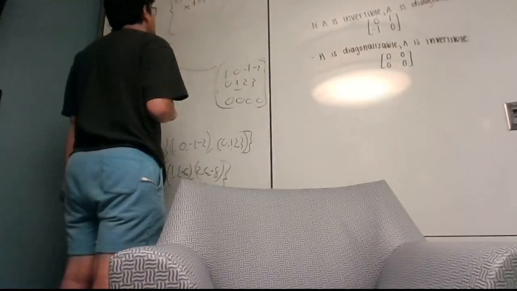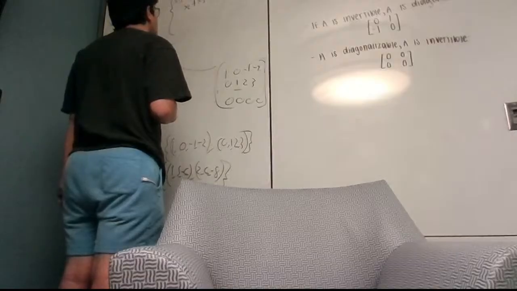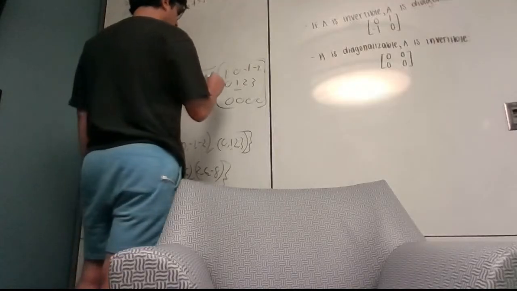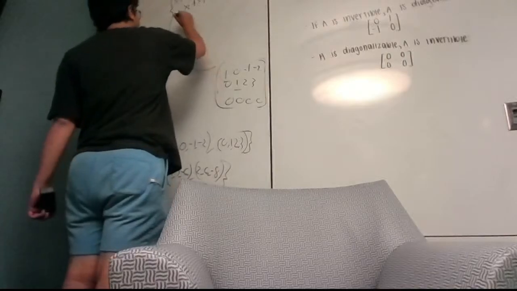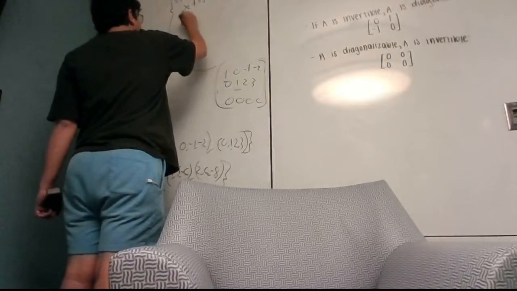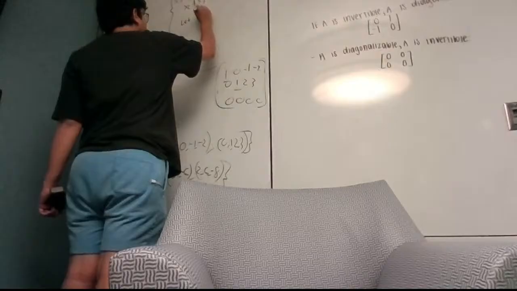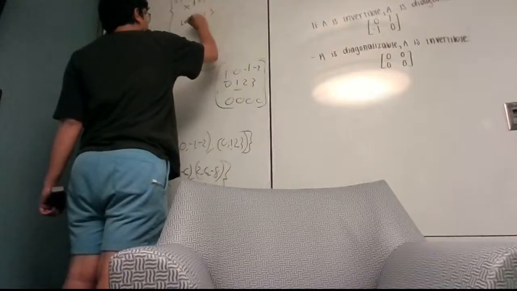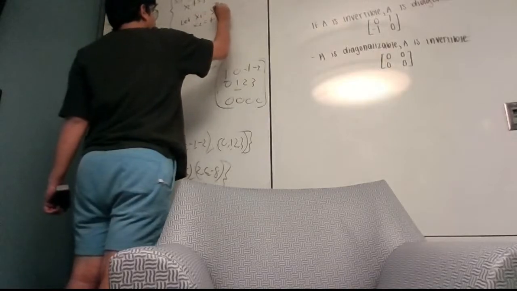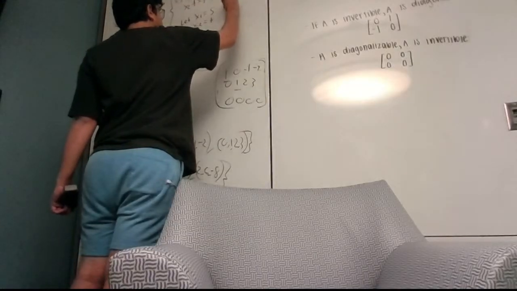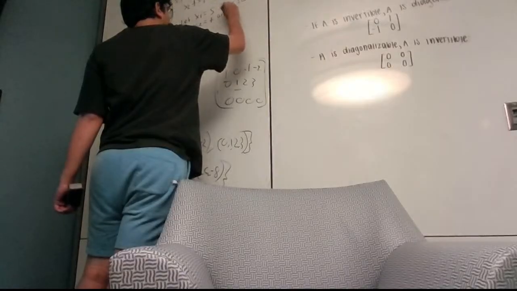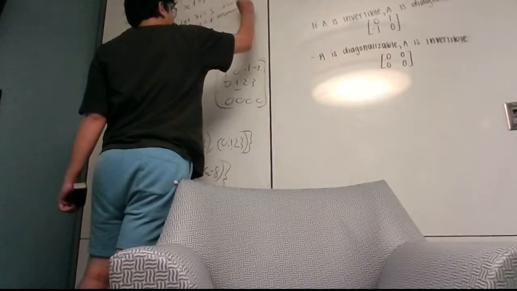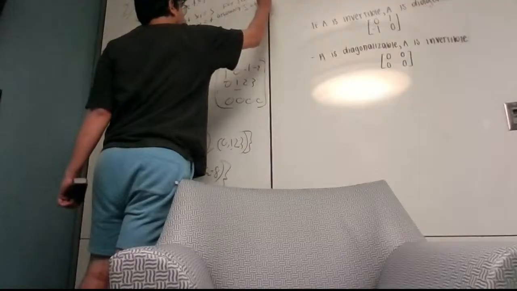We'll have to set our free variables, and we set them using which ones were our pivot columns, right? So we can let x1 equal s, x2 equal t, for some arbitrary s and t, right?